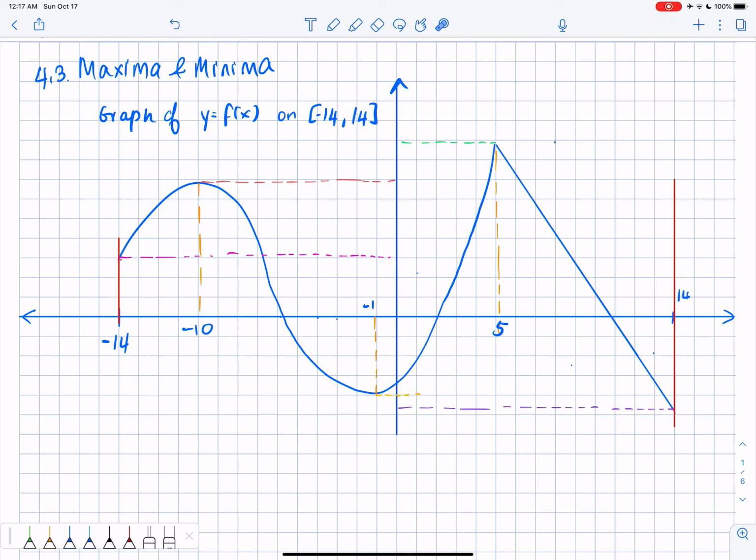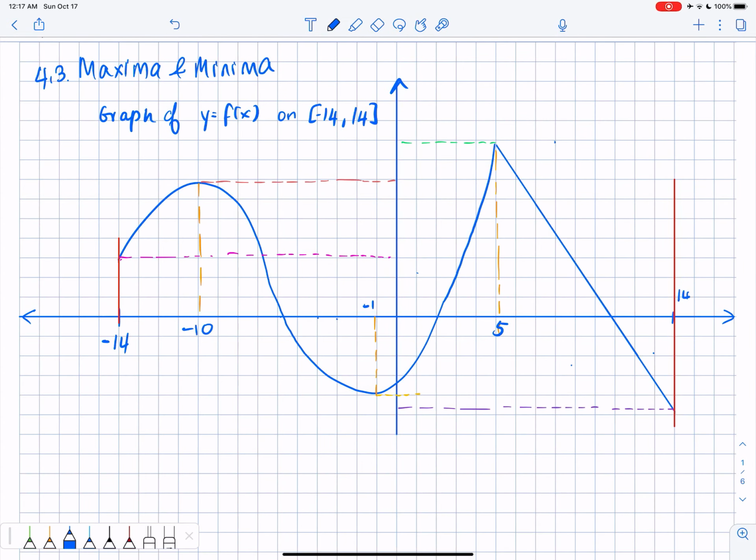Okay, and over here negative 10, because it's the largest in a small little interval around negative 10, is called a local maximum, and x equals negative 1 is a local minimum. Also x equals 5 is a local maximum, because it's the largest in a small little interval around.